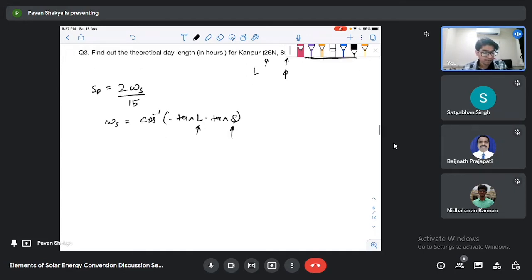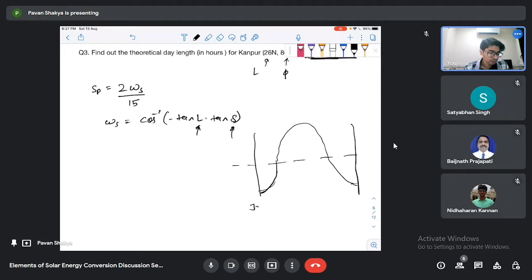I hope that you have remembered this graph, where you have seen this curve, and this is December, where you have seen that this delta angle changes between minus 23.45 and 23.45 throughout the year.